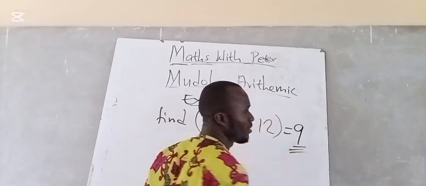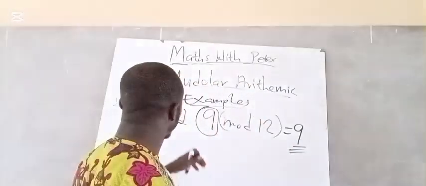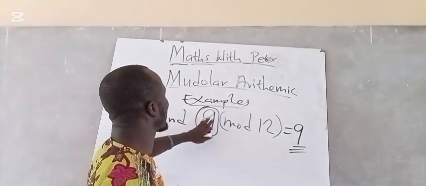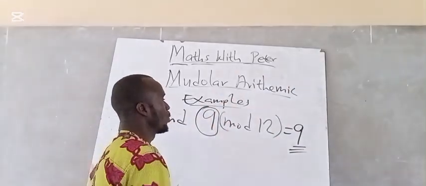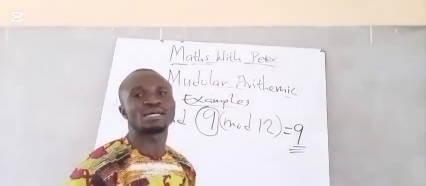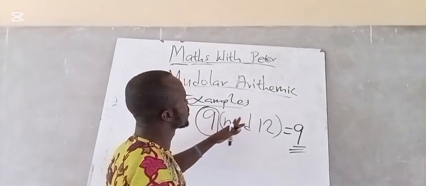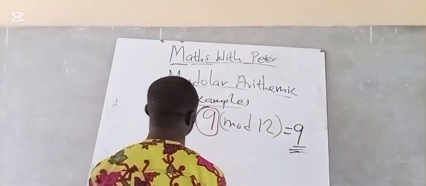I hope you understand what I'm saying. Whenever we are asked to find the mod of a number, and the modulus is more than that number, we maintain the number as our answer. So that's why we have 9 mod 12 to be 9 again. Then another one.